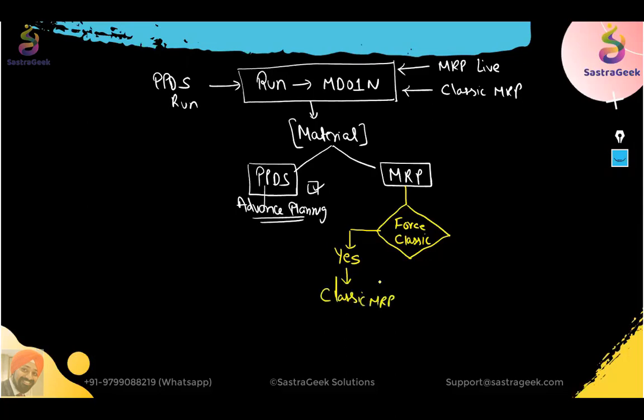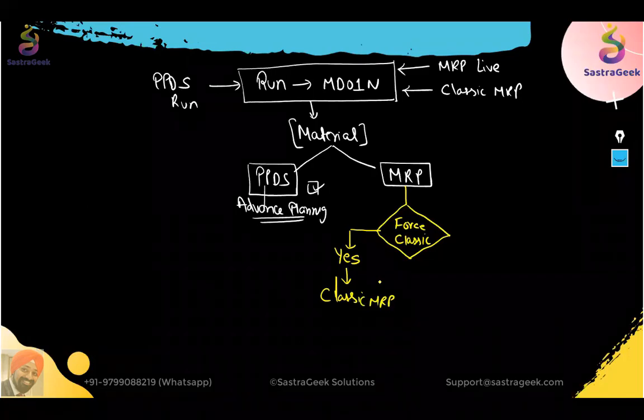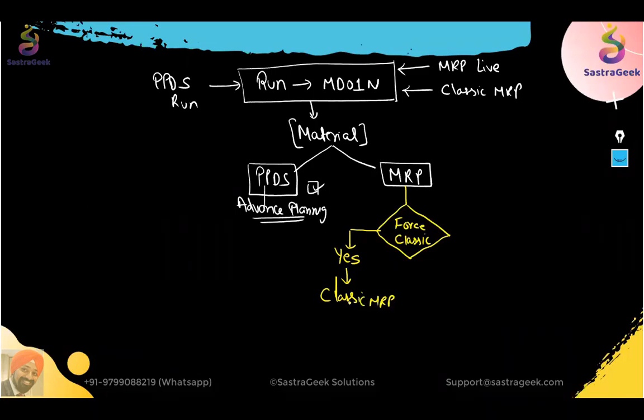Classic MRP run is where the algorithms from the application layer, the old algorithms, are used. If the system says no, we don't have any force classic run, then the system has its internal logic to check whether MRP Live is supported for the scenario which we want to do.